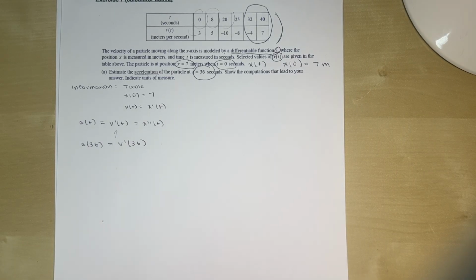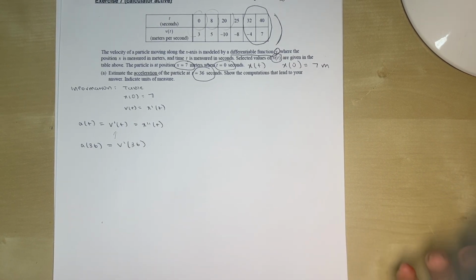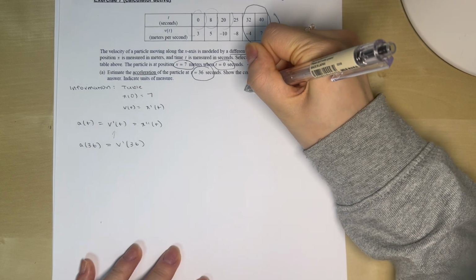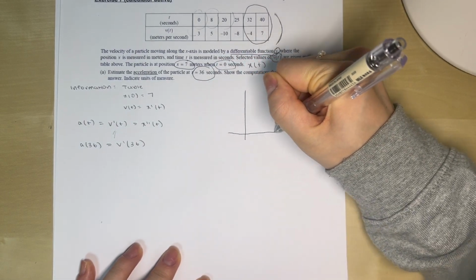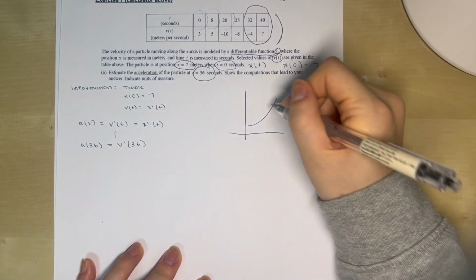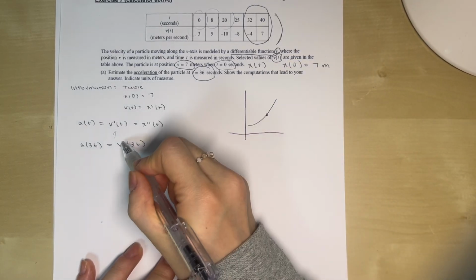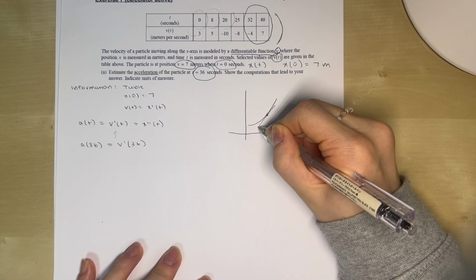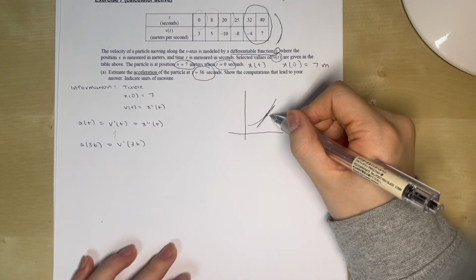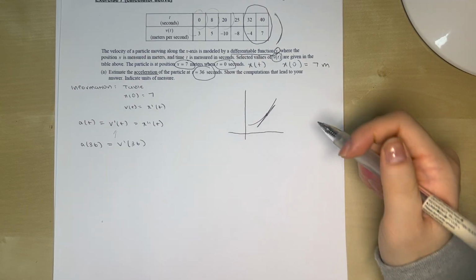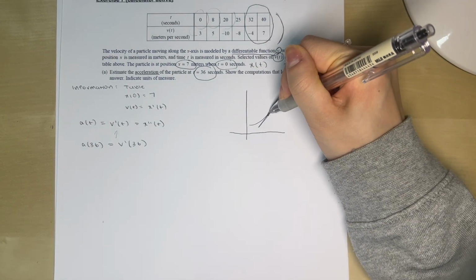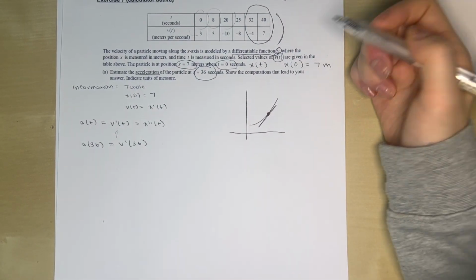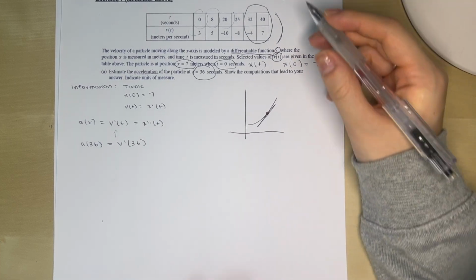Now, to build some motivation on why we need to approximate, let's take a typical graph, a normal curve in the first quadrant. Right now our goal is to find v prime. If this is v of t, we're trying to find the instantaneous slope, the instantaneous rate of change at 36 seconds. But we don't actually have v prime of 36.